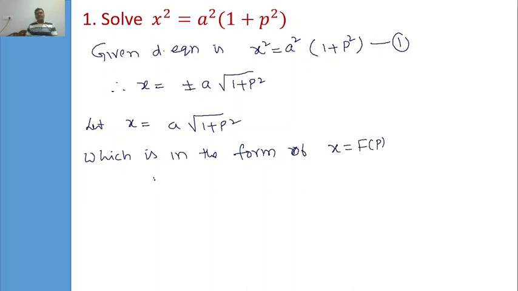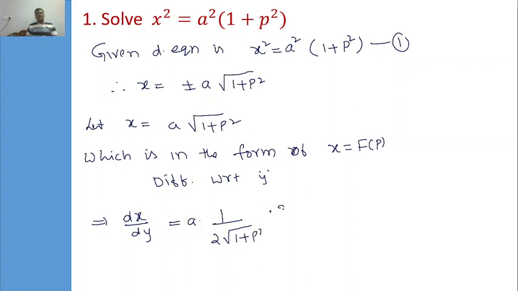Now, differentiate with respect to y. What is the derivative of x with respect to y? dx by dy equals a times the derivative of root of x, which is 1 by 2 root of x. So, 1 by 2 root of 1 plus p square, times the derivative of the inside, 1 plus p square, which is 2p, times the derivative of p, dp by dy.